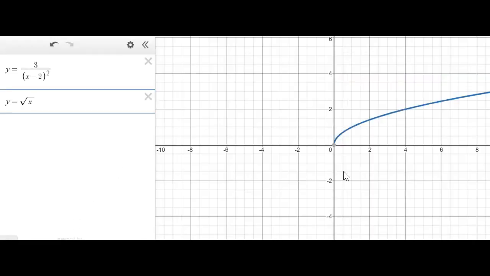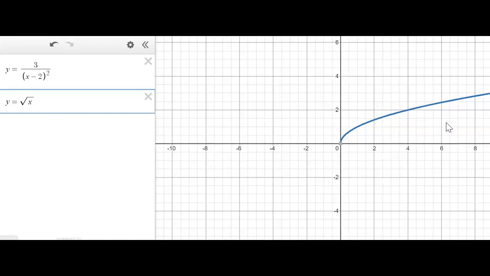So when I'm sketching that, there is the point 0, 0, and it's going up like so. Now, if you're picking another point on that graph, think of your perfect squares. So 4 is a perfect square, so that goes through 4, 2, because the square root of 4 is 2.